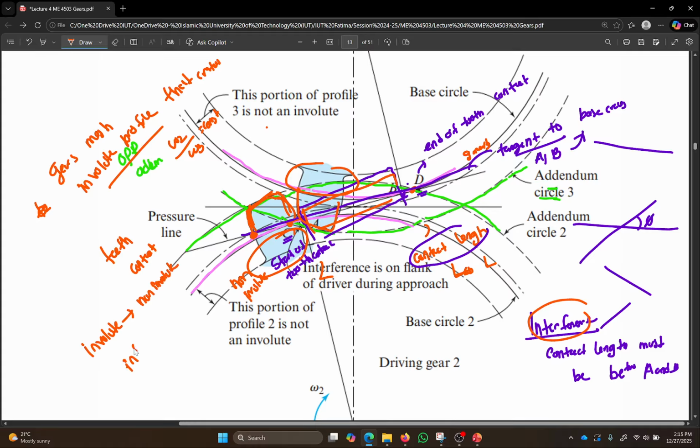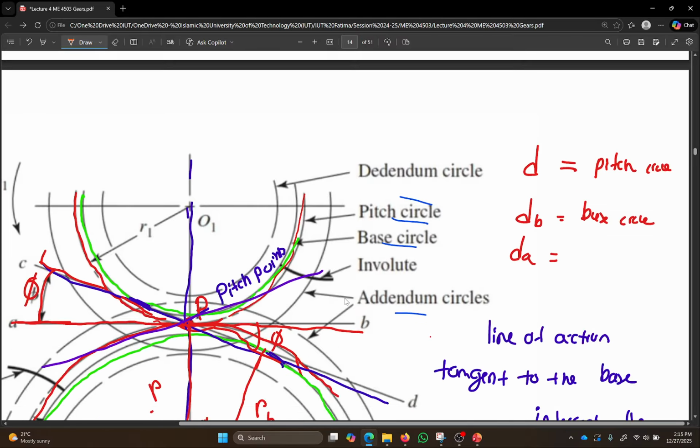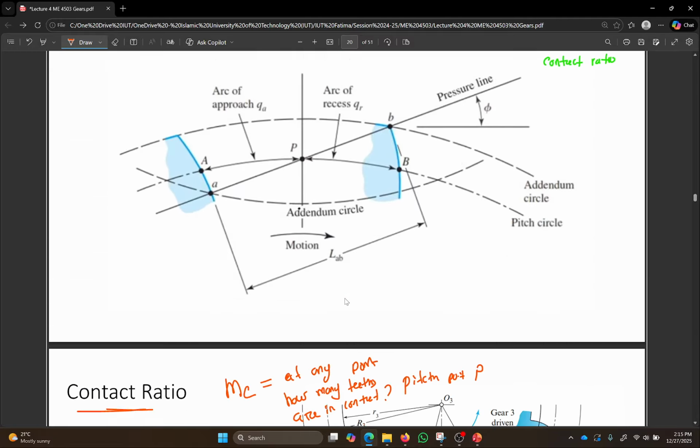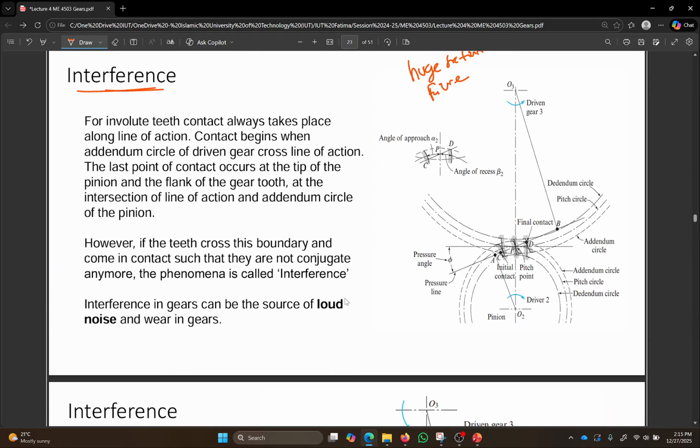And this phenomenon is called interference. It creates huge amount of noise. So let's go back to our slide that we were just talking about. So it creates a very loud noise, wear and tear, friction, sometimes gears lock up.